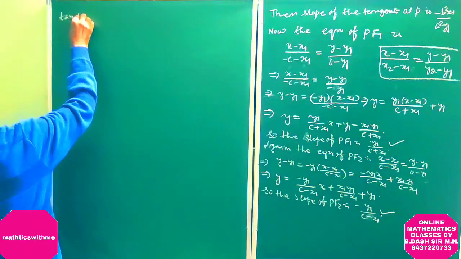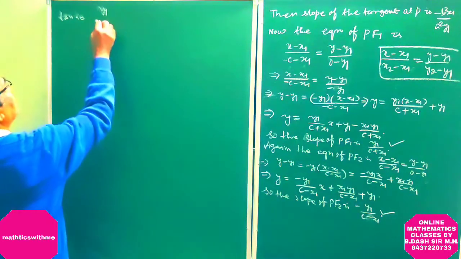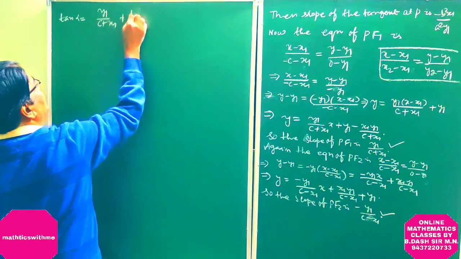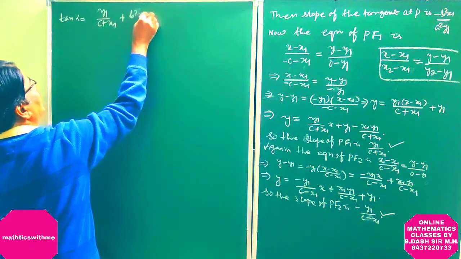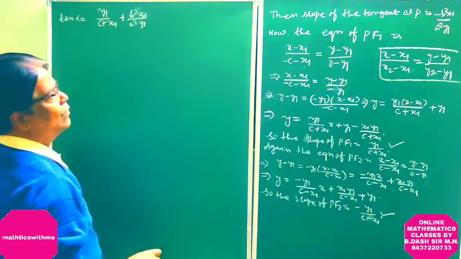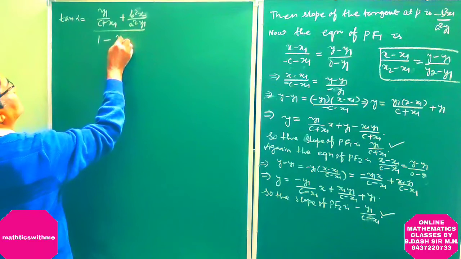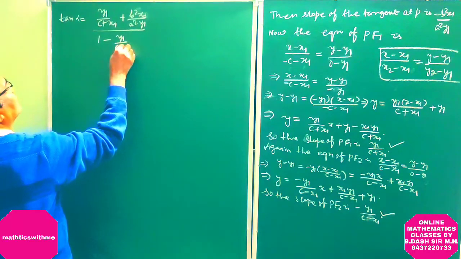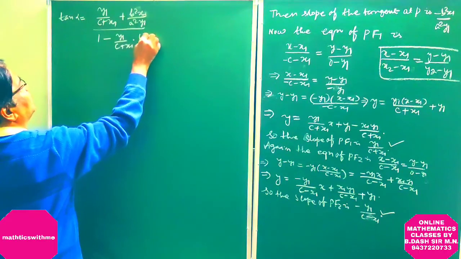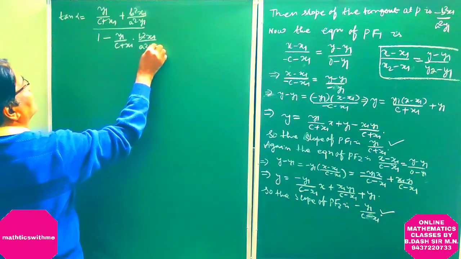Then tan α = [y1/(c + x1) + b²x1/(a²y1)] divided by [1 − (y1/(c + x1))(b²x1/(a²y1))].